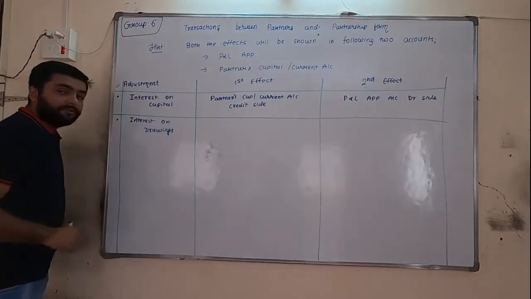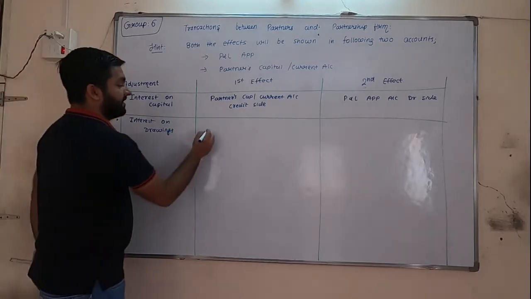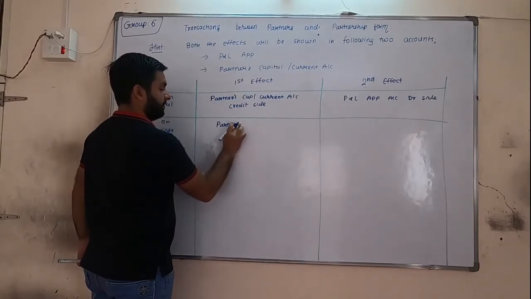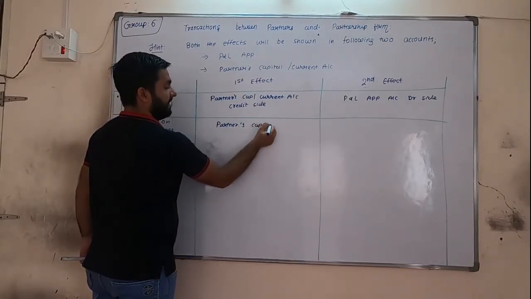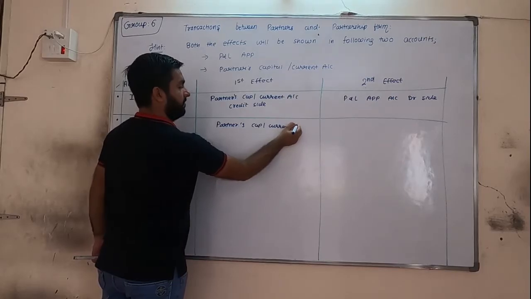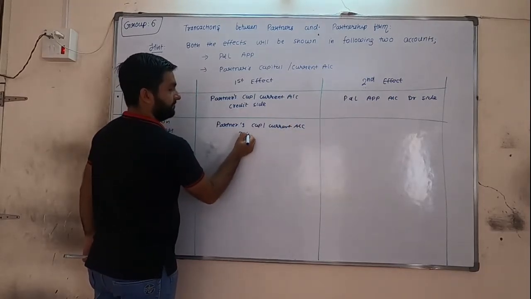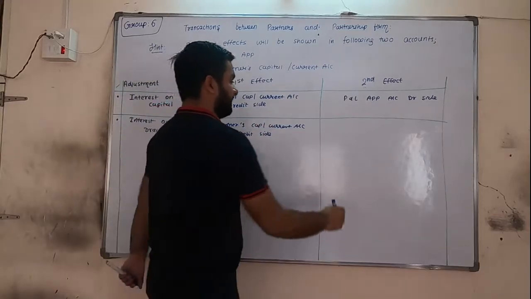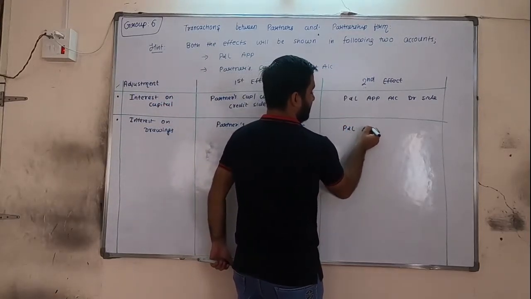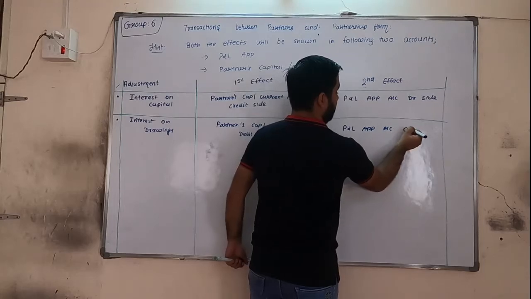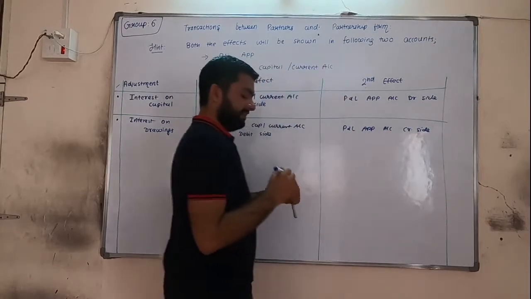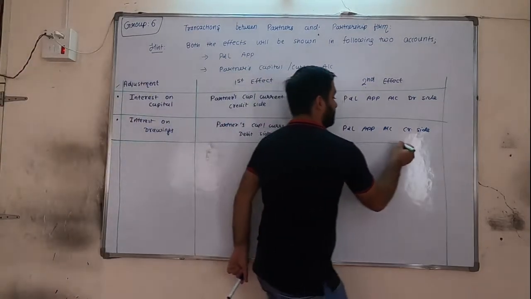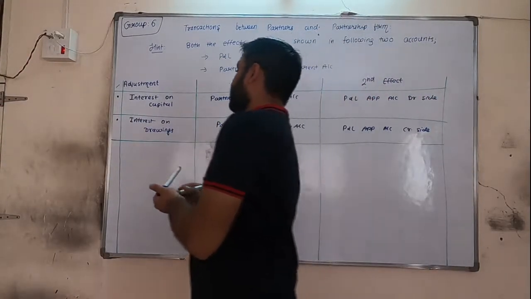Again the same way, D for drawings, drawings means debit side, so again partners capital or current account debit side, if this is debit then there is credit side, P&L appropriation account credit side. This is very simple to remember. Both these things are opposite to each other.